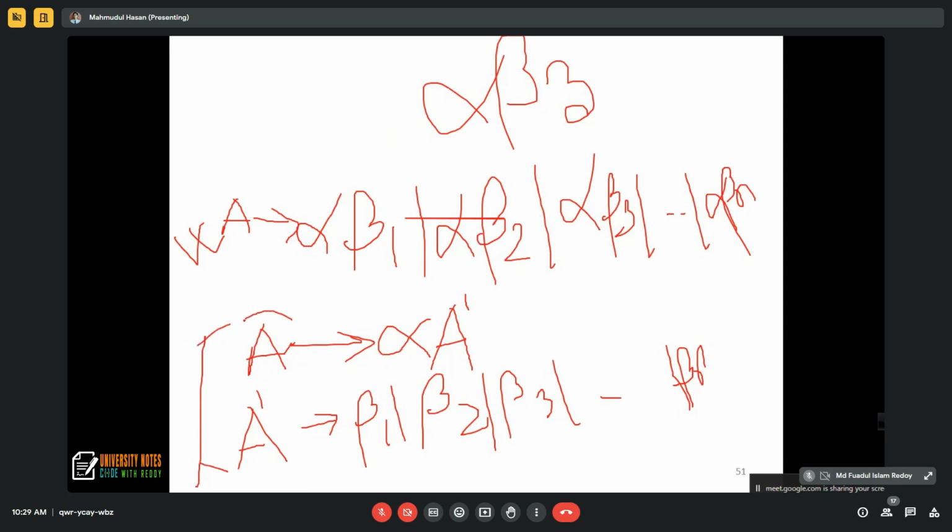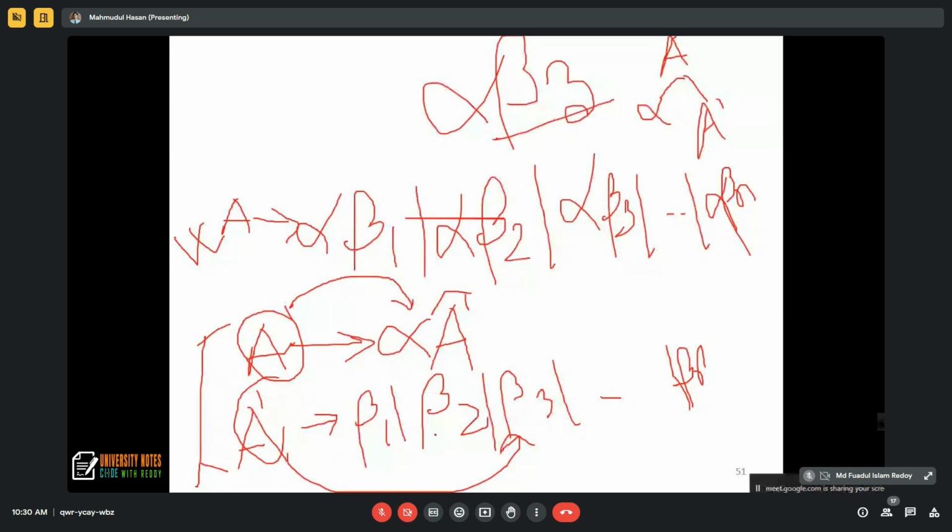At first A → alpha A', so there is no confusion. Then A' → beta 3, because now the next character is beta 3 and there is only one beta 3, so you can easily take this one.